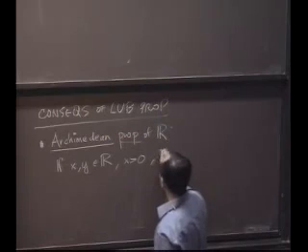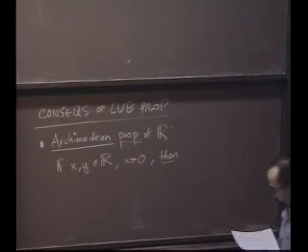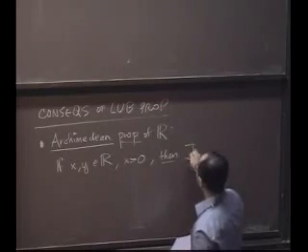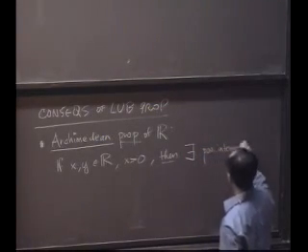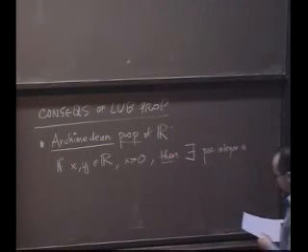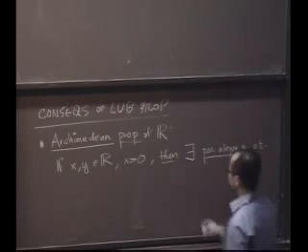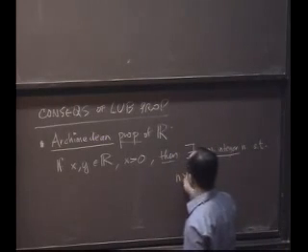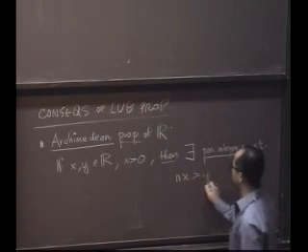then I claim the following is true, that there is a positive integer, little n, such that you can multiply n times x, and eventually one of those multiples will be bigger than y.